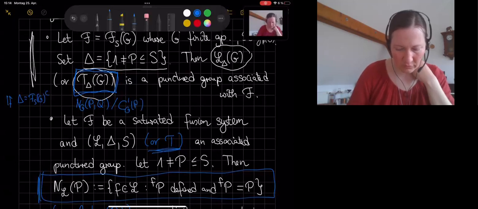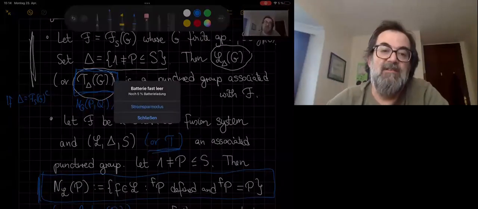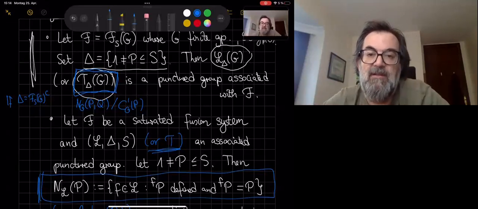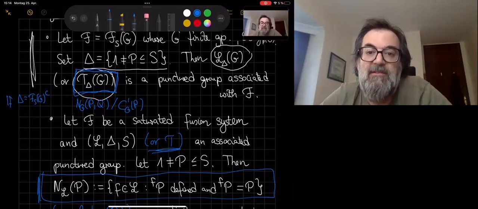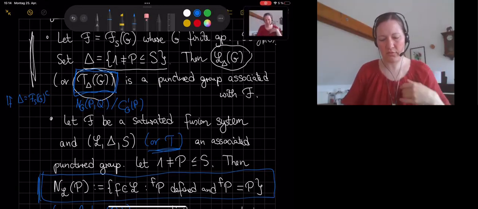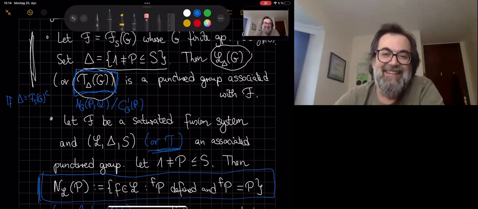But this does not work in general if I want to construct a punctured group. I see. So for the family of non-trivial p-subgroups, you don't have a similar linking system construction. Yes, exactly. Thanks. That's it. Thank you.